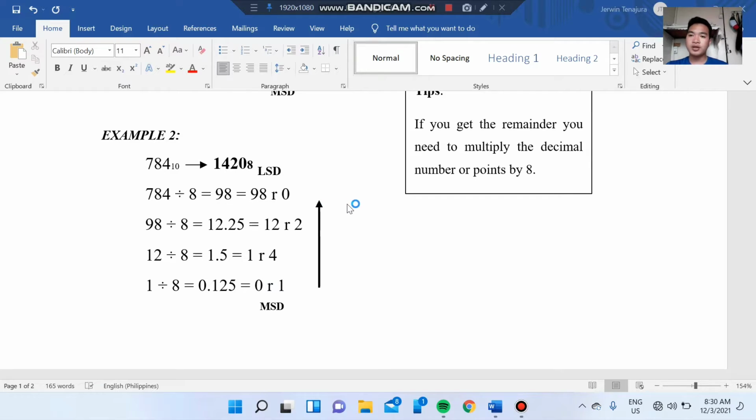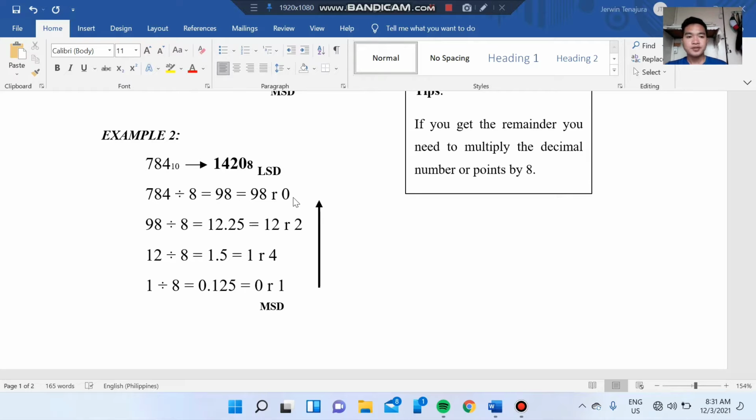And to get the converted decimal value into octal conversion, we need to get the remainders from down to up, which means from most significant digit up to least significant digit. So we need to get the 1, 4, 2, and 0.